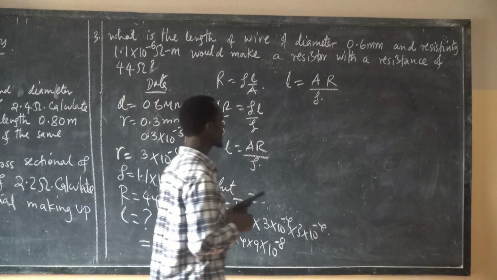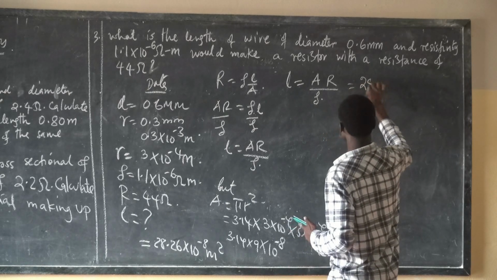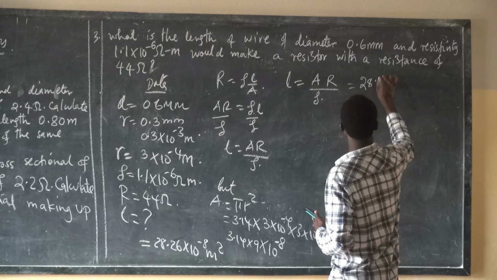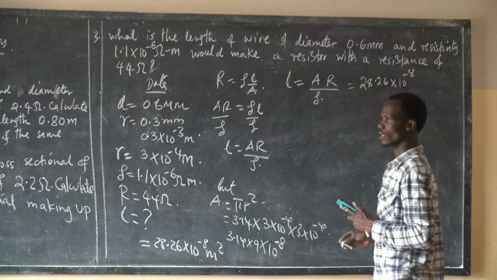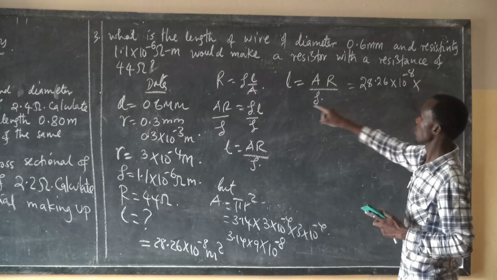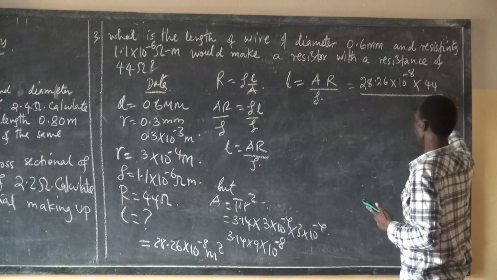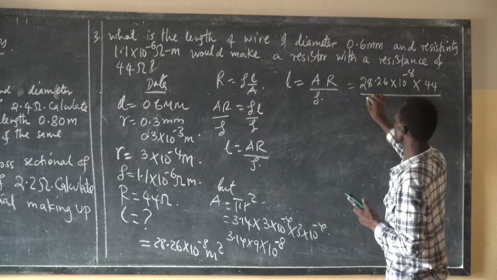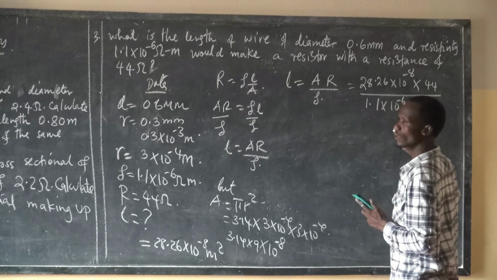Now we have got cross section area equal to 28.260 times 10 power negative 8, times resistance. Resistance is 44 over resistivity, which is 1.1 times 10 power negative 6.